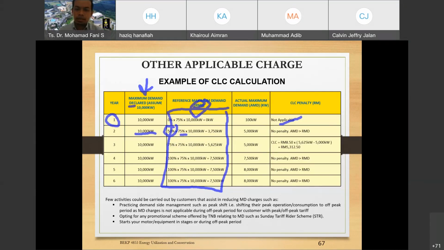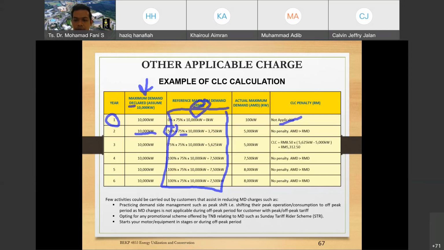And notice, please look at year 3. Year 3, if you operate with the actual maximum demand of 5,000 kilowatt only, so the RMD, the reference maximum demand, you should achieve 5,620 kilowatt.